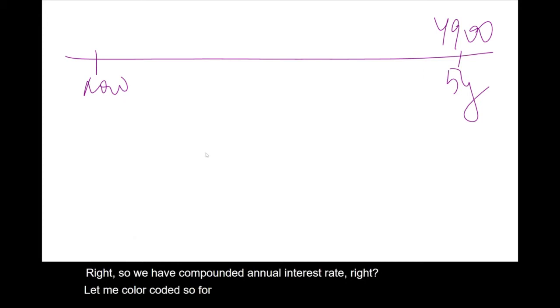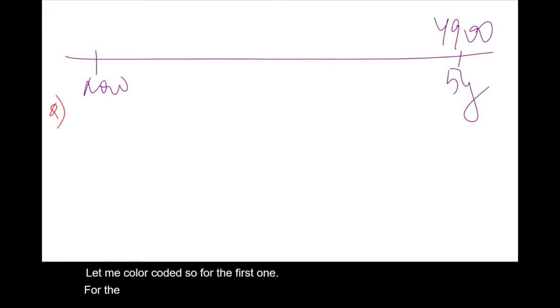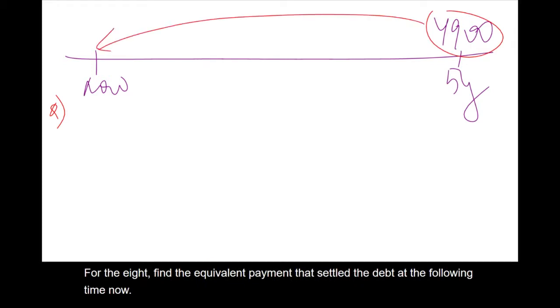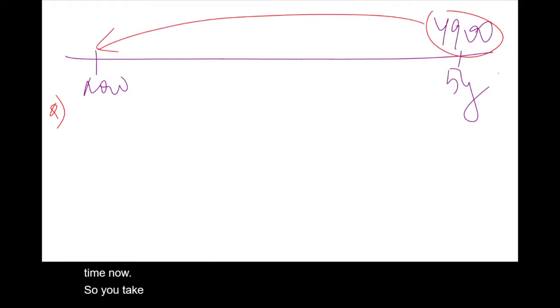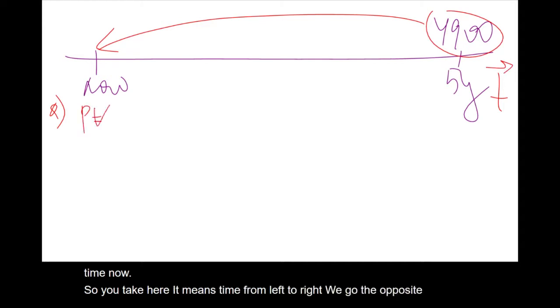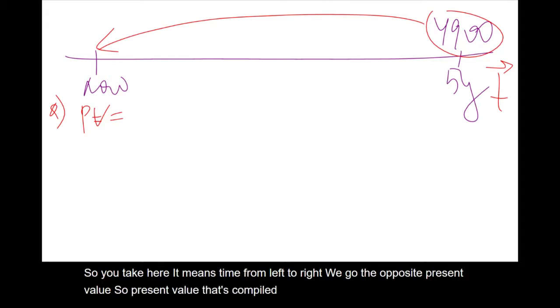So for the first one, for the A, find the equivalent payment that settles the debt at the following time. Now, so we take here, it means time from left to right. We go opposite with present value. So present value, that's compound interest already, right?